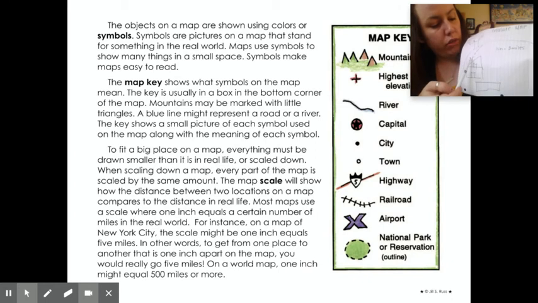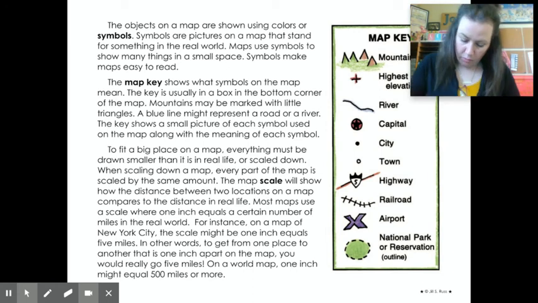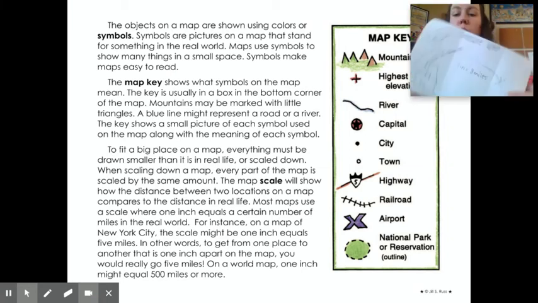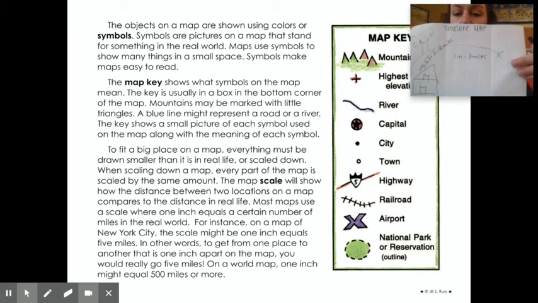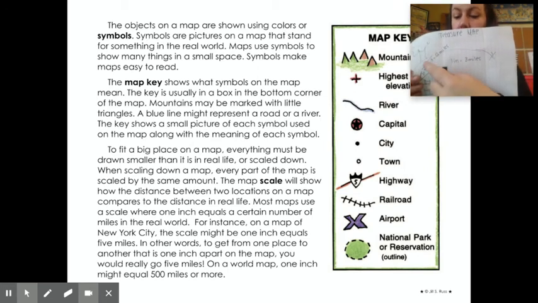So I would do 3 plus 3 plus 3 plus 3, and that looks like 3, 6, 9, 12 if I do my song. So really, that tree and the house are 12 miles apart because each one of those inch marks on my scale is really 3 miles, okay?